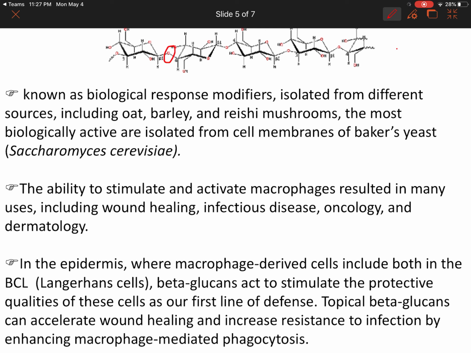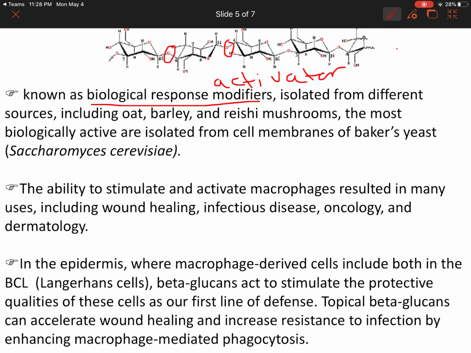They are linked by glycosidic linkage or bond that occur commonly as cellulose in plants. This is known as a biological response modifier or activator.